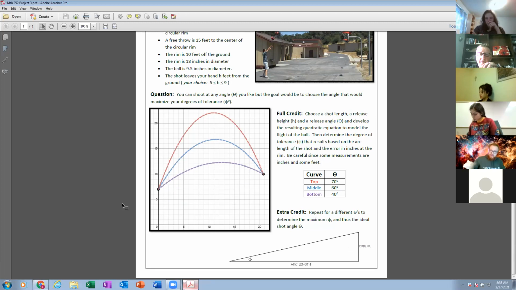It's a fairly hard problem, fairly involved. And I'm going to need to talk to you before class is over a bit more about this error thing: how do you figure out how far away the ball is from the edge of the rim? Because that's one of the harder calculations here.